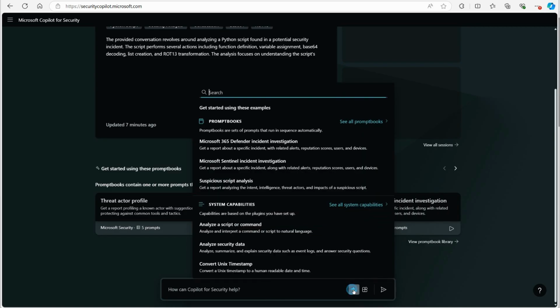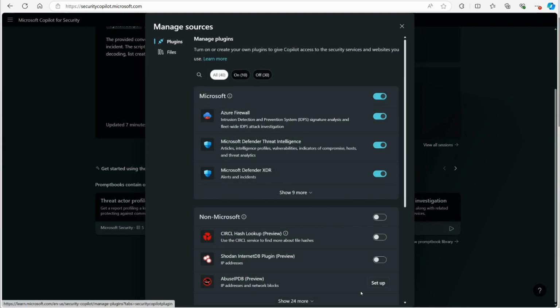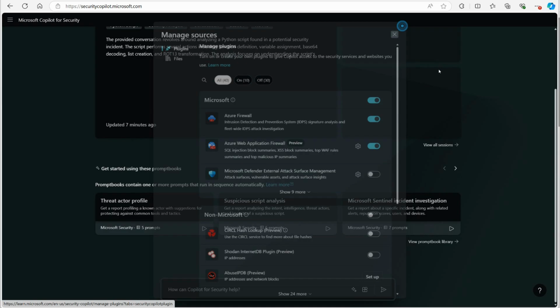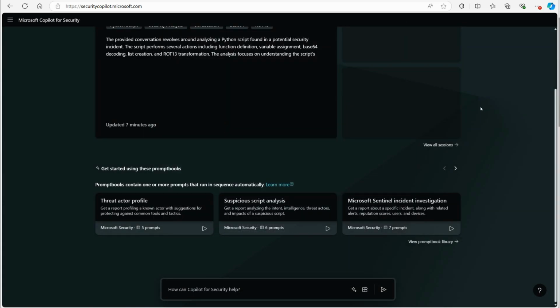I've got these things called prompt books that essentially allow specialized prompts that can collect data, organize it a certain way, and help me investigate it. I've got plugins that allow me to interact with the various services in my environment. But before you can really dive in and do hands-on with Microsoft Copilot for Security, you kind of need to understand what it is. So we're going to be getting into that.